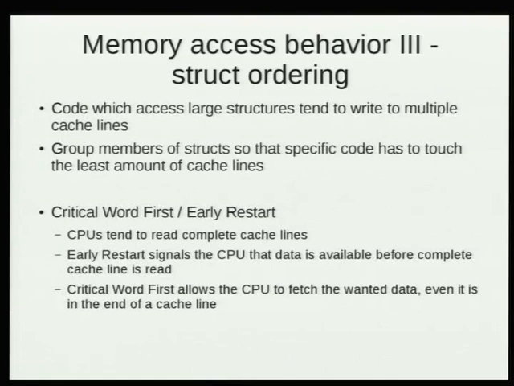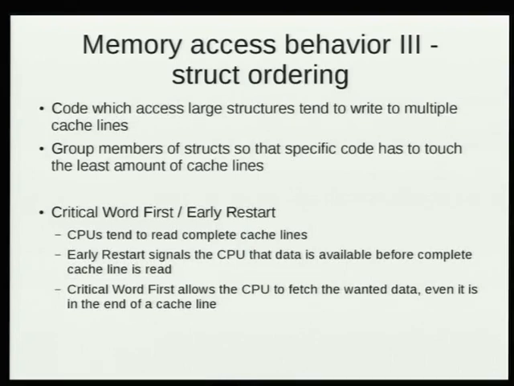There were some extensions in the latest CPUs so that it's not that horrible anymore. But still, if you can avoid touching cache lines, you should. For example, if a piece of code only writes a few bytes, you should group those bytes in your C structure so that they are on one cache line and the CPU does not spill over multiple cache lines.